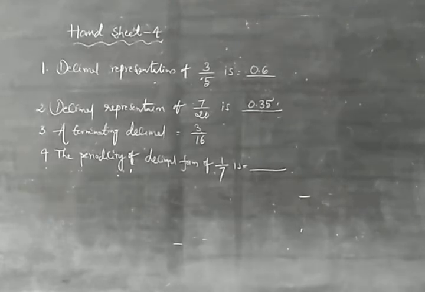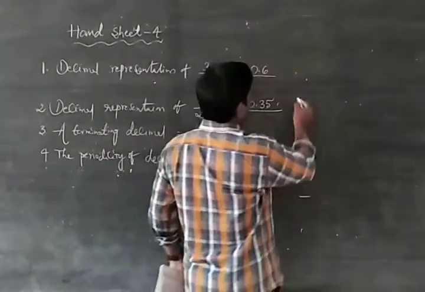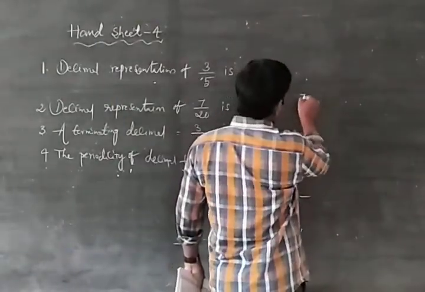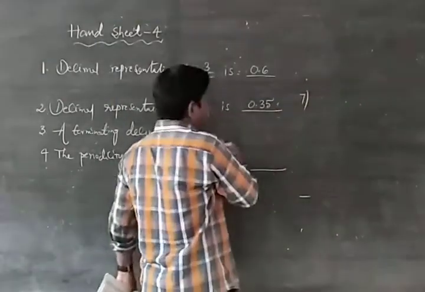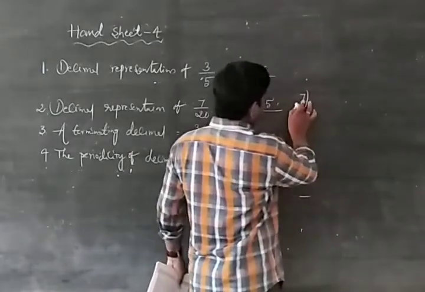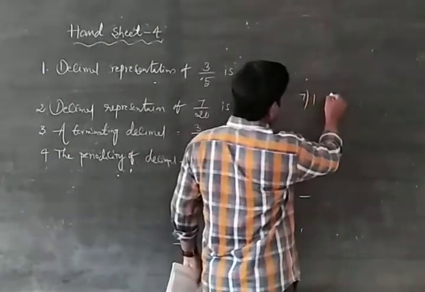Now do 1 by 7. 7 is the divisor, 1 is the dividend.